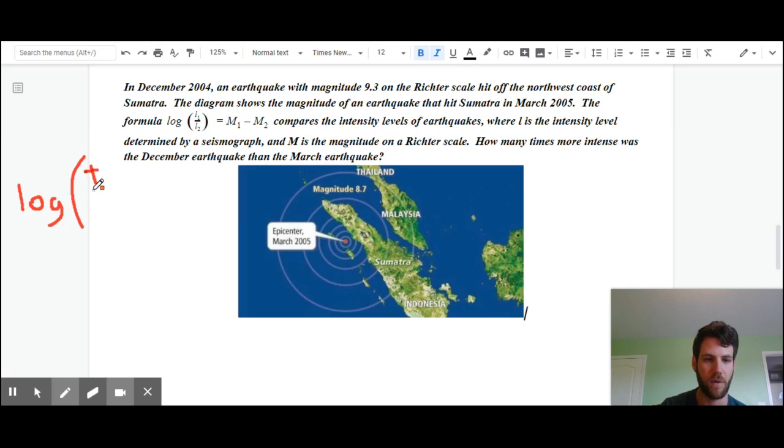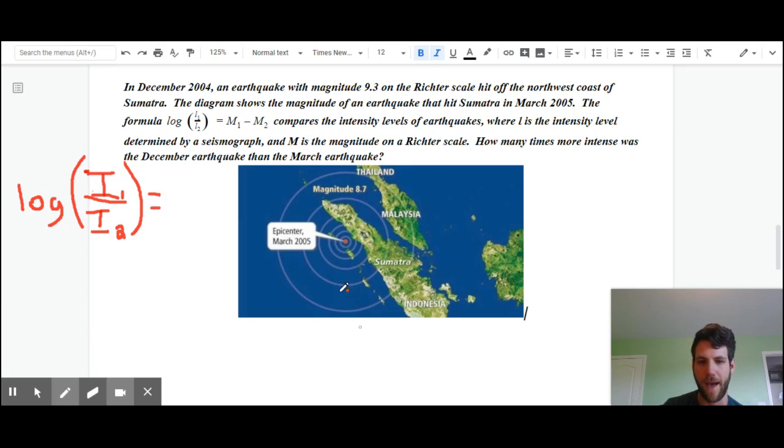So I have I1 and I2, and that is equal to the difference in the magnitudes.